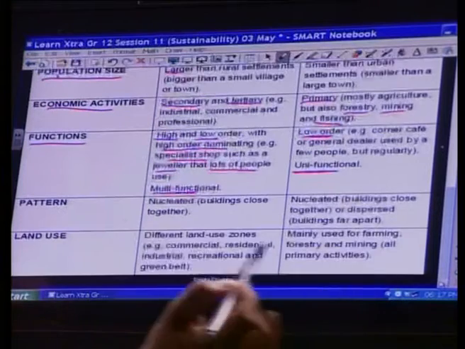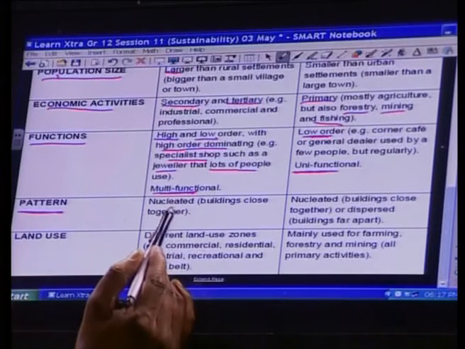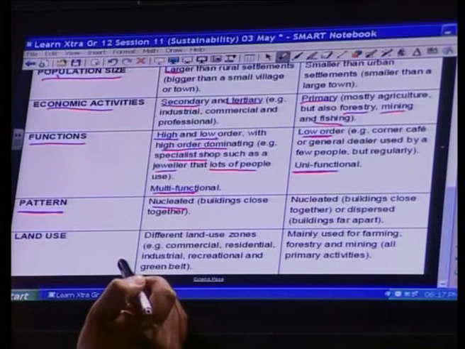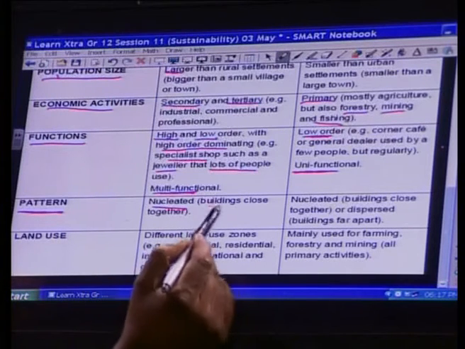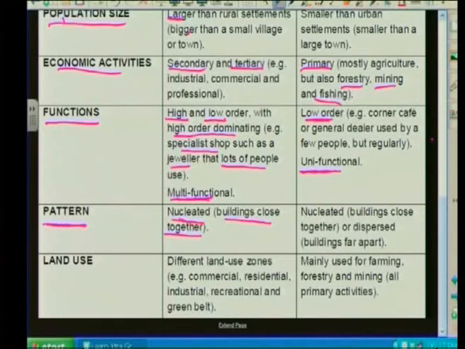Moving on, a closer comparison of patterns. Generally, in most urban centers, there is a nucleation of most dwellings or buildings. Buildings are generally packed closely together. Note, in urban settlements, especially your central business district or CBD, high land values are generated through the nucleation of the settlement.